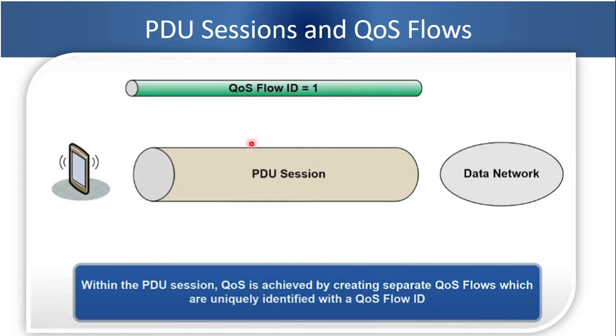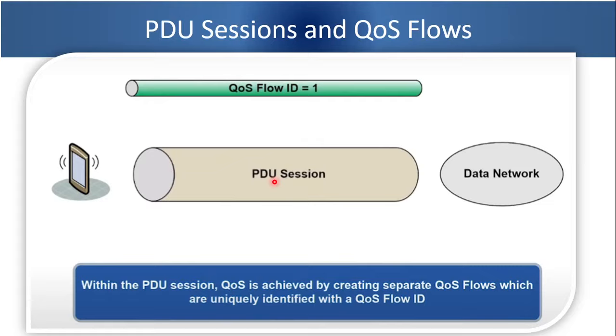For example, if it is a default QoS flow, an ID for the default QoS flow will be assigned, and all the traffic, which is plain internet traffic, will simply be mapped to this default QoS flow onto this PDU session.